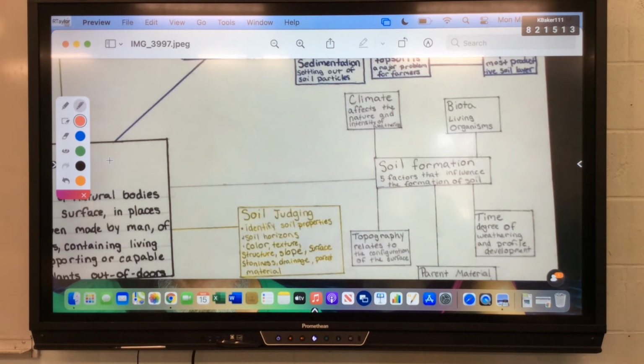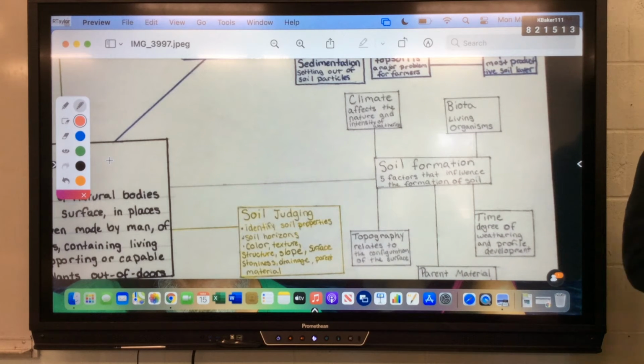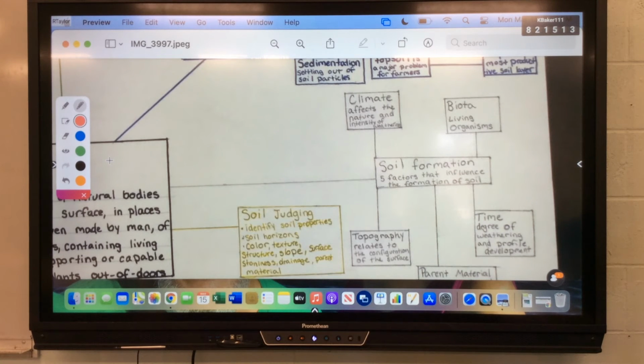In Maine, our soils are very young. You say, well, they're 12,000 years old. For soil, 12,000 years old is very young, because some soils can be hundreds of thousands, even millions of years old.